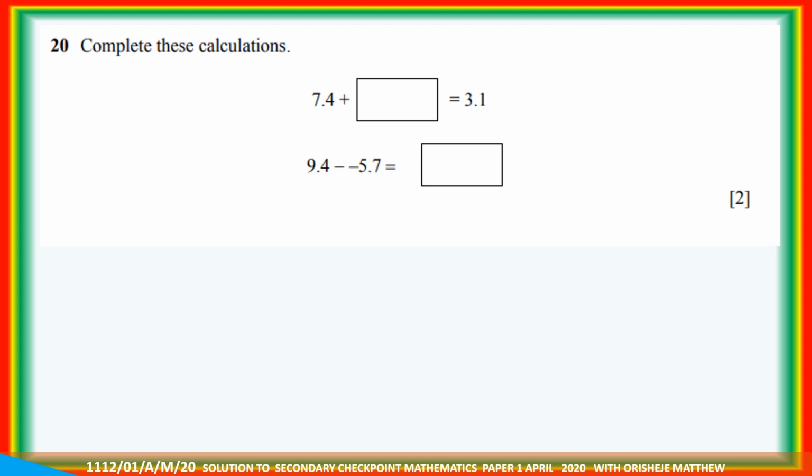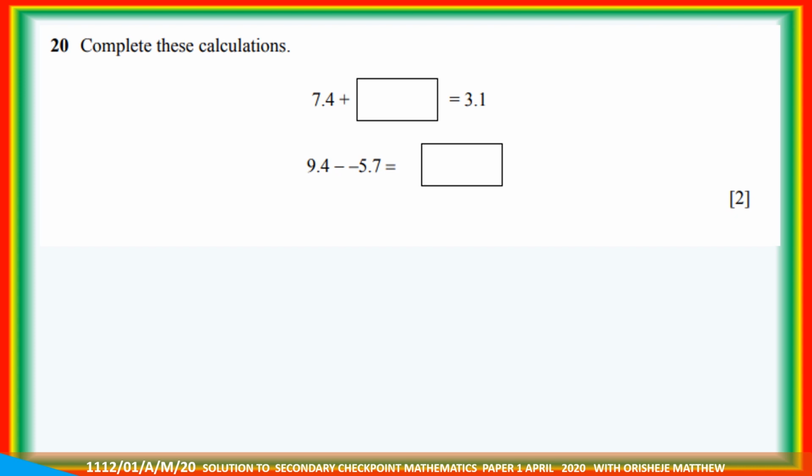7.4 plus what to give me 3.1? What will I add to this big number to give me a smaller number? That means the number I'm adding is something that I subtracted.